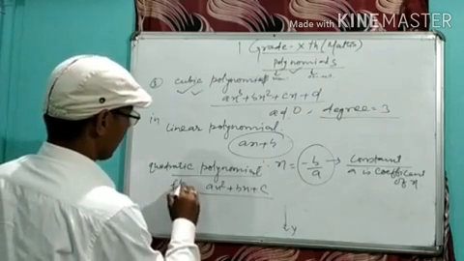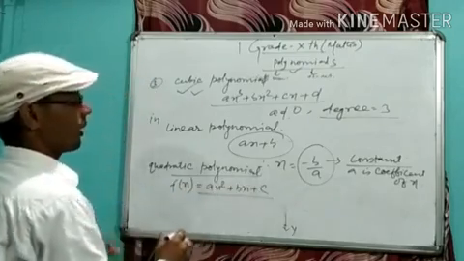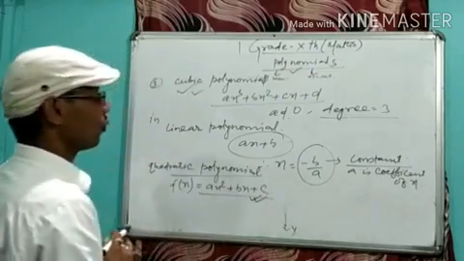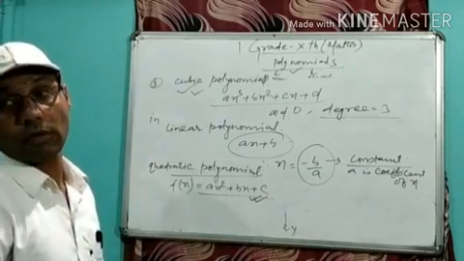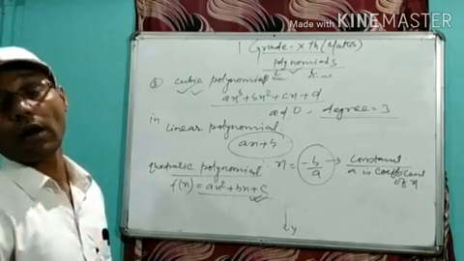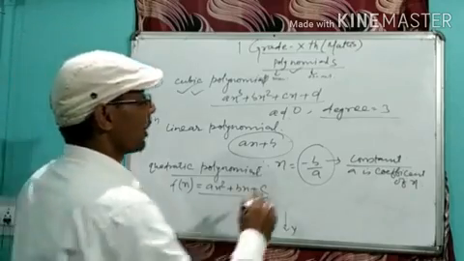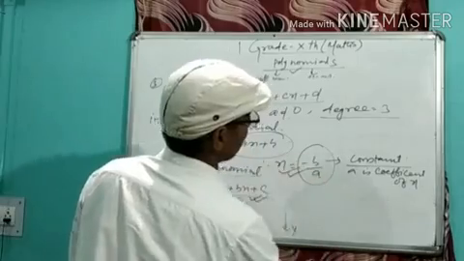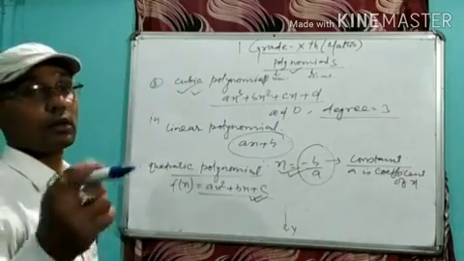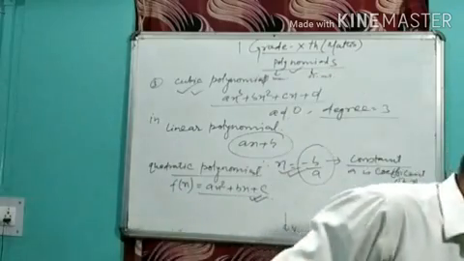Suppose f(x) is equal to ax square plus bx plus c, it has two factors like x minus alpha and x minus beta. The zeros are known as alpha, second beta, third gamma, like this. Okay?